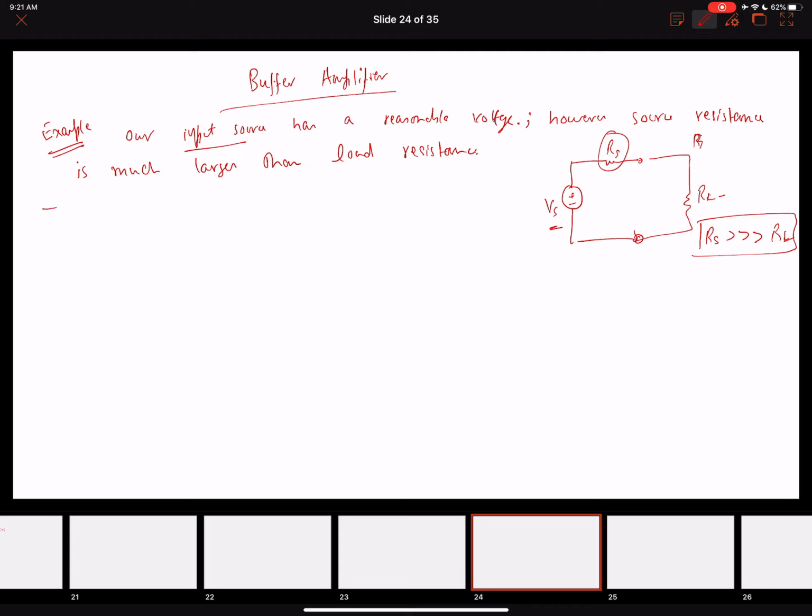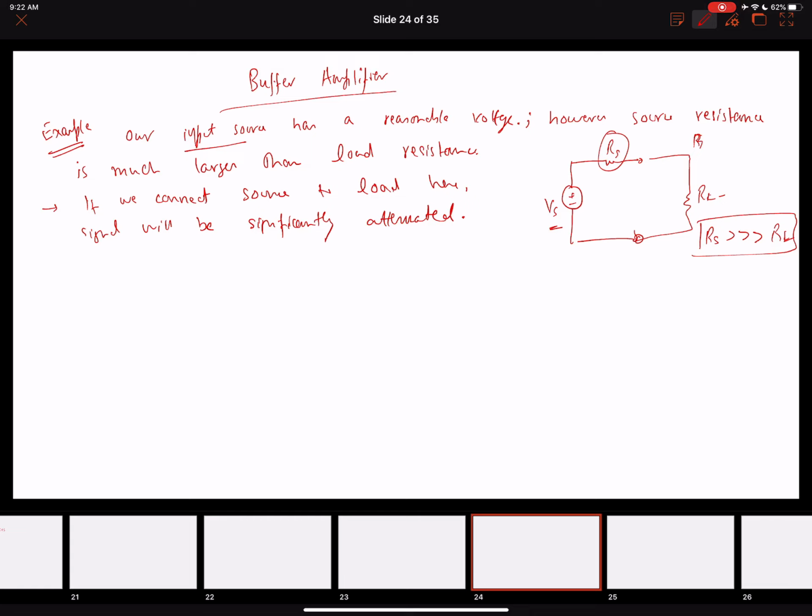So if we connect the source to the load here, the signal will be significantly attenuated, and this is what we don't want. Although we don't need an amplification here because we believe Vs is sufficiently okay, the problem is when we connect this source to the load, we lose a lot of that signal because our source resistance was very high compared to the load resistance.